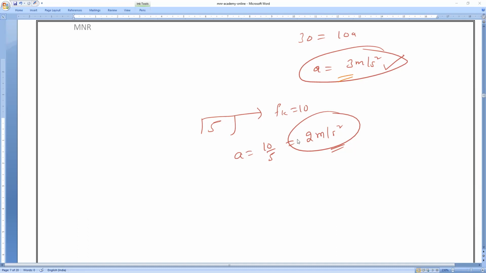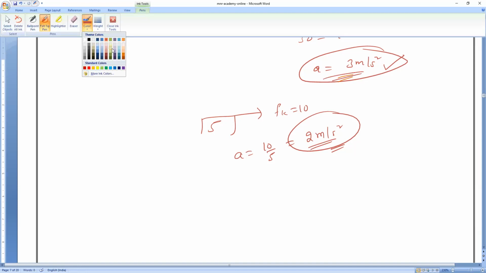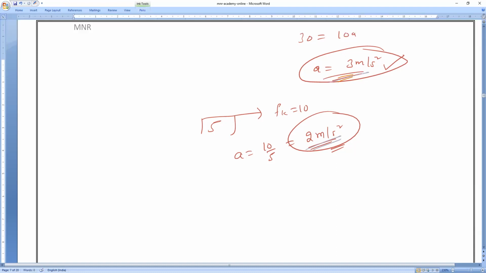So how are they moving? They are moving separately. So we are having two separate accelerations. That is what you have to remember. So this is about today's class.